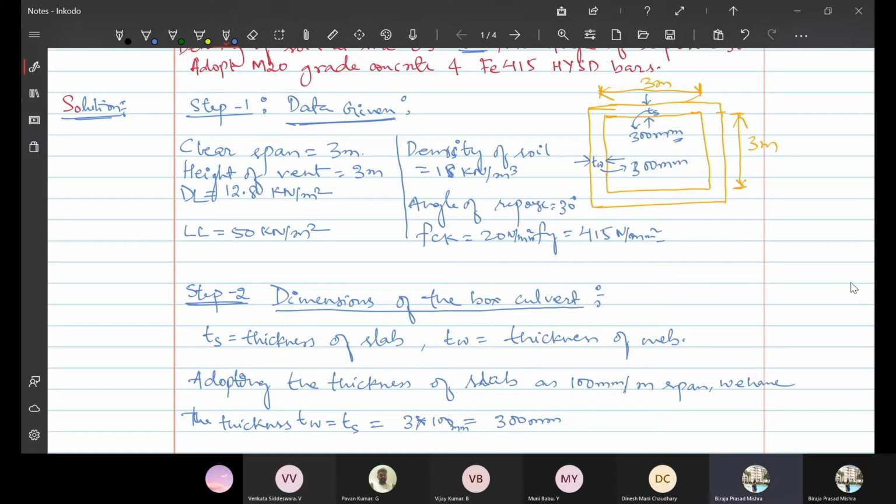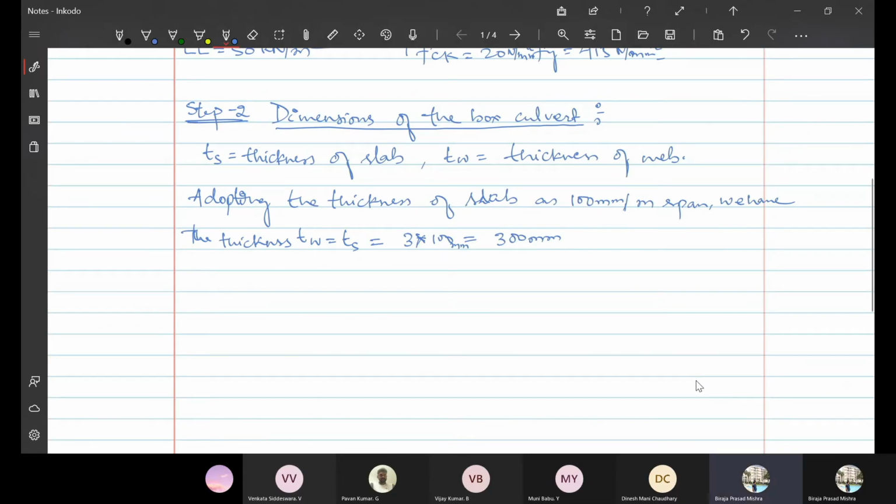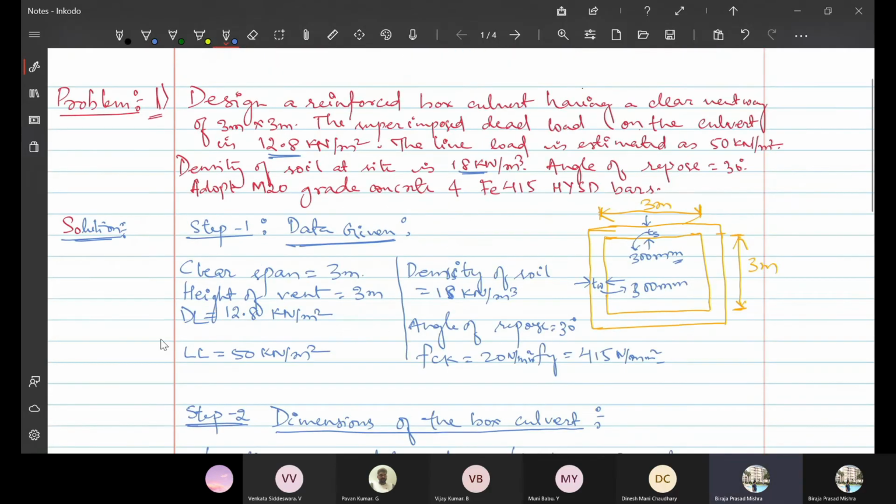So now the effective span becomes, effective span equals the clear span, which is 3 meters, plus half of this one and half of this one.